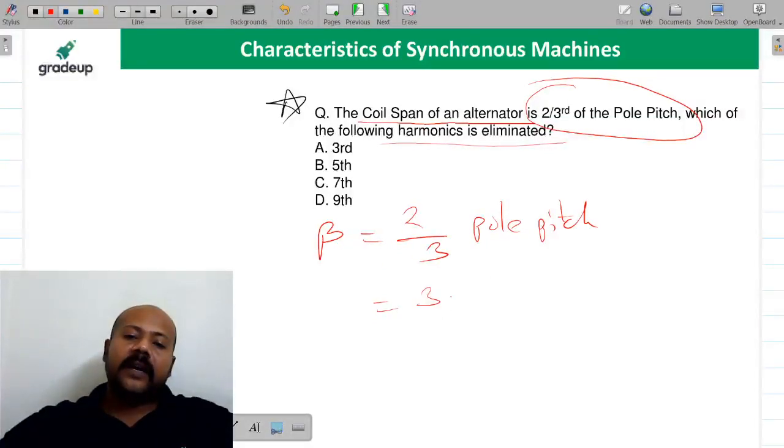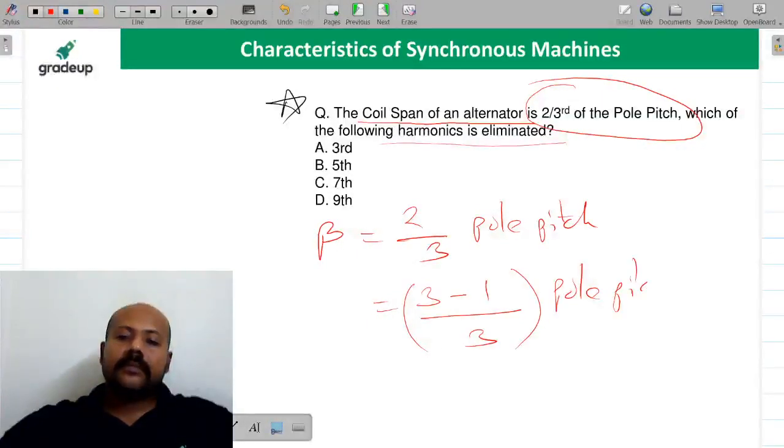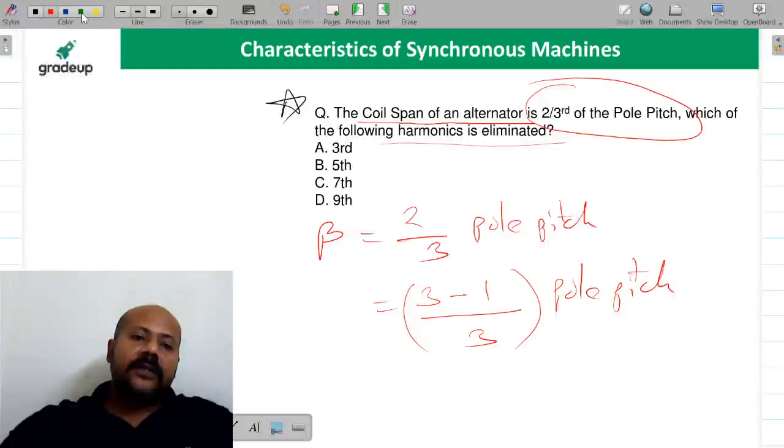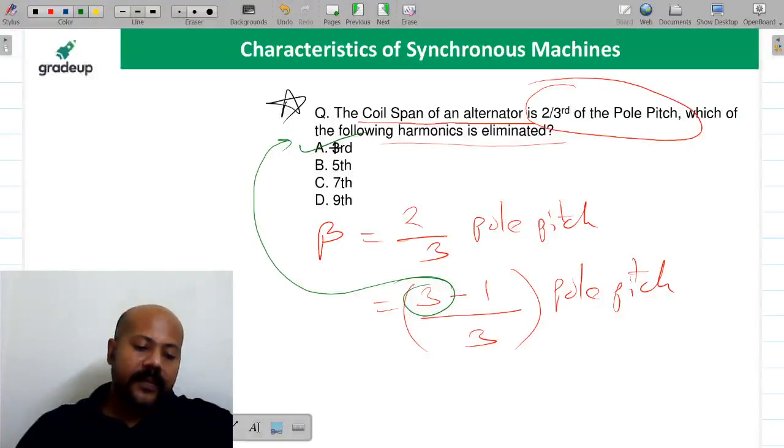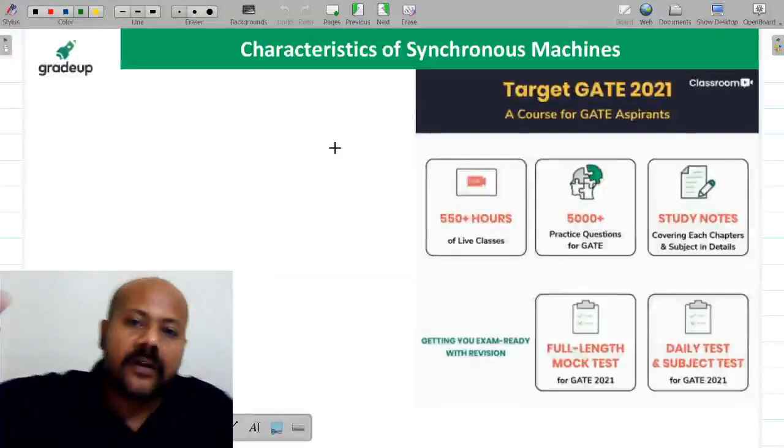You can write beta as 3 minus 1 upon 3. So directly you can say which harmonic it is going to eliminate. Third harmonic. Yes or no? Directly you can identify it. Without solving, if you just remember the formula, you can find it out. I hope it is clear to all of you.